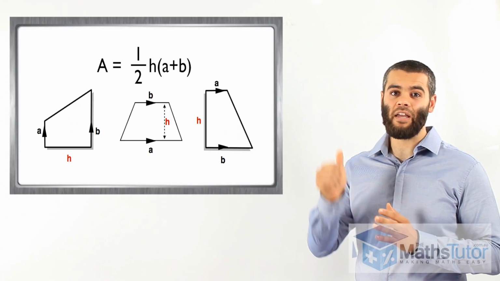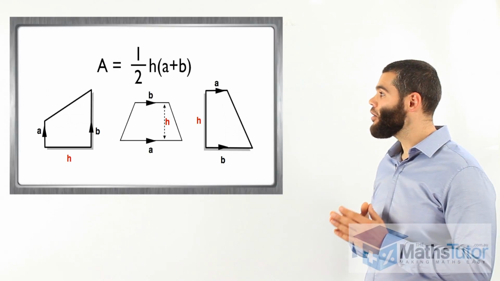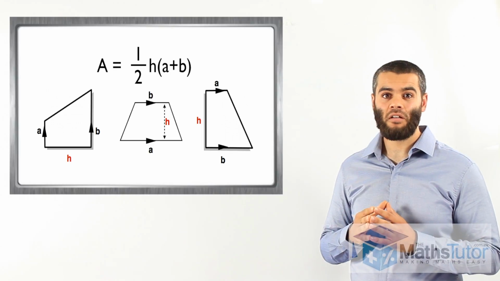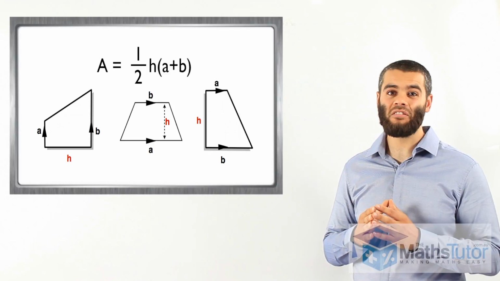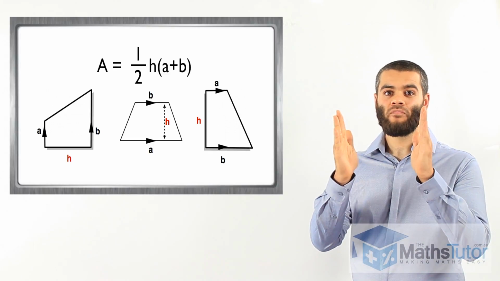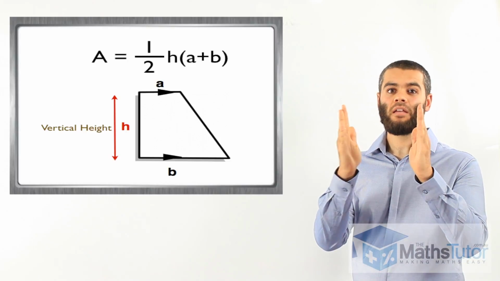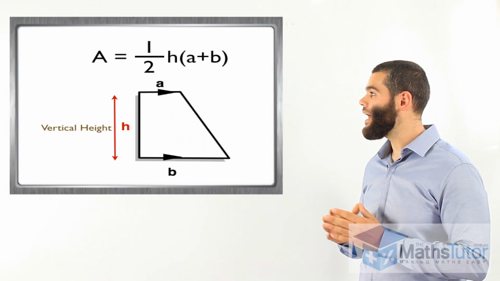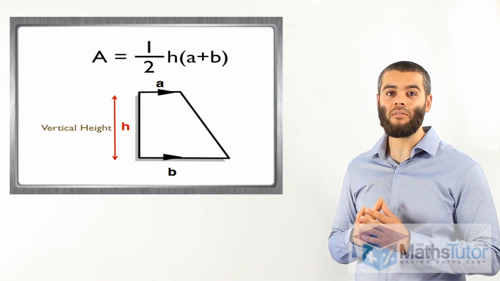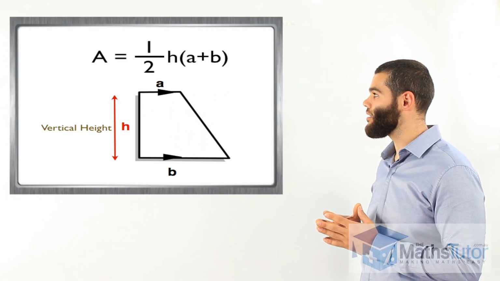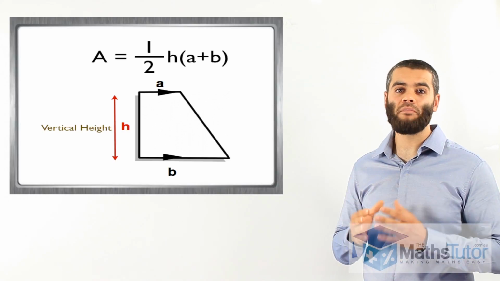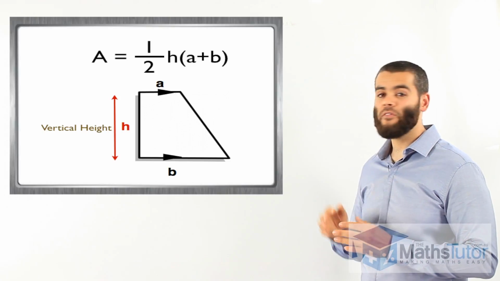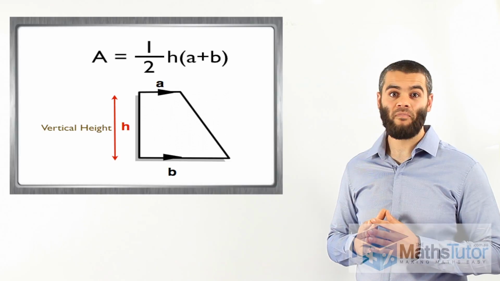Once you identify it's a trapezium, you then look for the parallel lines. a and b are the parallel lines, and the h, the height, is the distance between a and b. So the formula is half times h, brackets, a plus b, close bracket.